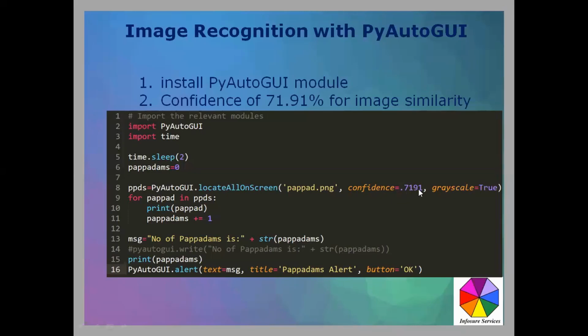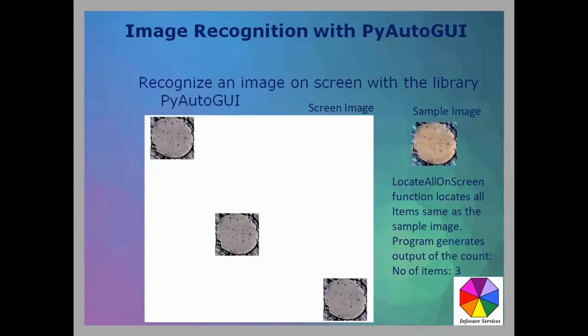Having 71.91 percentage confidence. So confidence here refers to the match. Okay, in this case, this papadum is the same as this papadum. But in real life, if I put this for drying to make the papadum, we dry this, right?